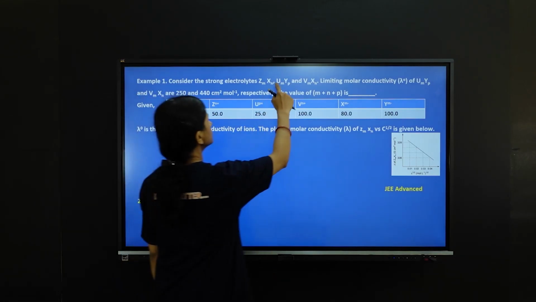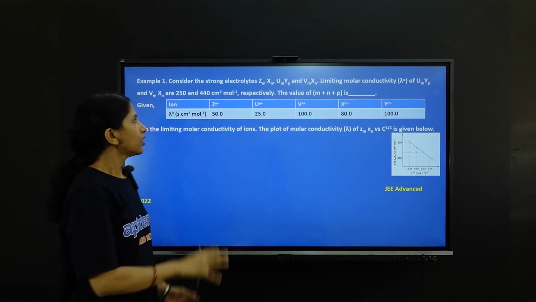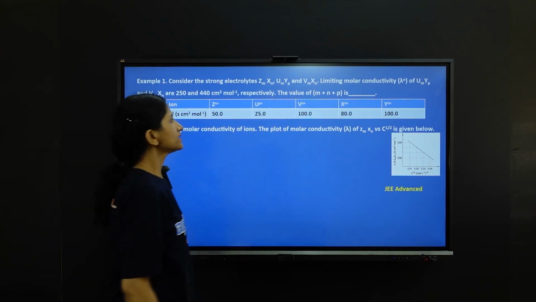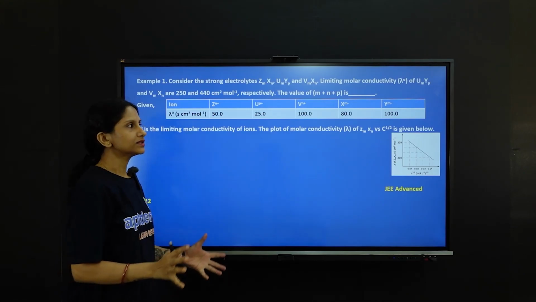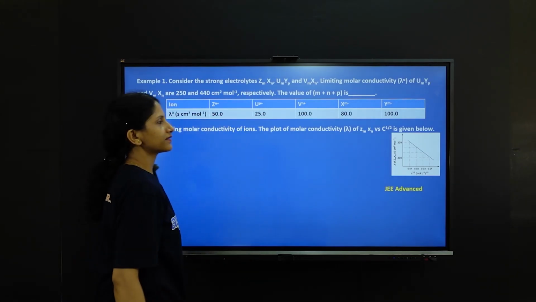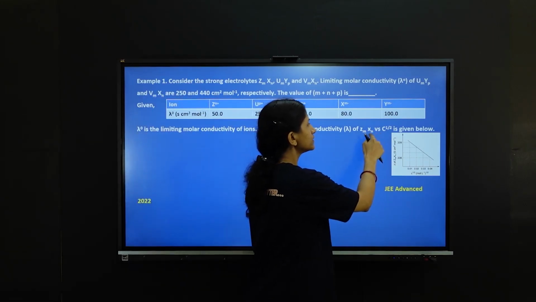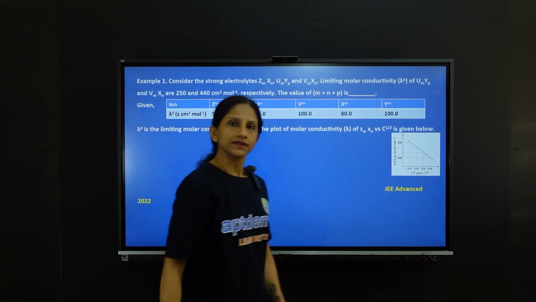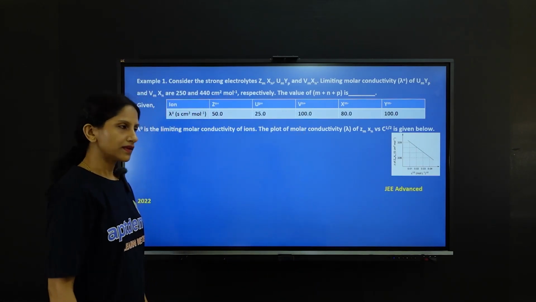For the second and third electrolytes, all three are strong electrolytes, but the limiting molar conductivity values, that is lambda 0, are given, and for the first electrolyte ZmXn, the plot of lambda ZmXn versus C to the power half is given.